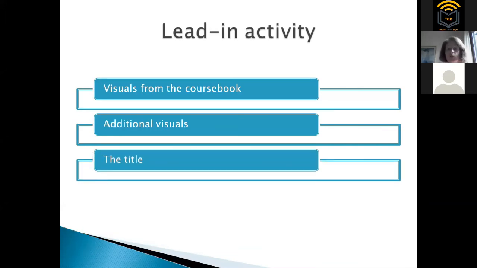And the title, what we can do, okay, when you've got the printed course book and you're doing the leading activity, the students do have access visually to the whole text. But you can avoid that when online, which means that in the leading activity, of course, we ask them to read the title and start guessing what the text is all about.